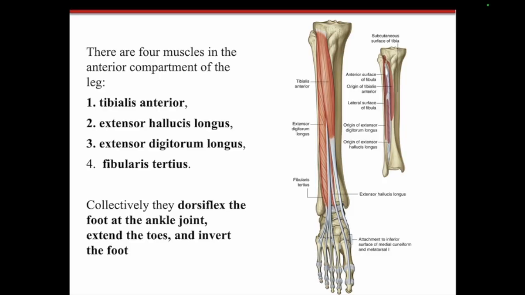I'm sorry, I'm being a little bit sloppy. We don't contract the toes. You contract the muscles, and then we extend the toes, so the toes go up. And because it comes from the medial side, it will also help with the inversion of the foot.